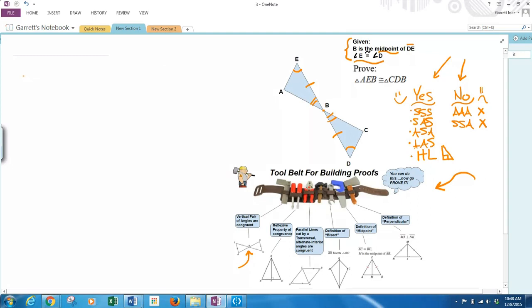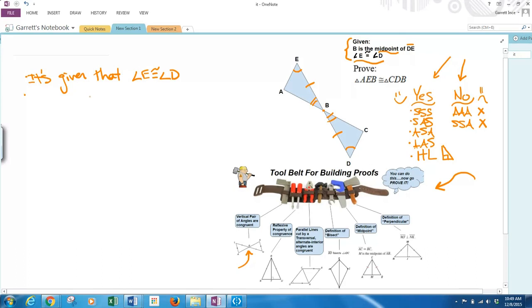We like to use these bullet points, and so you should always start with the givens. I like to start with the definite ones that state an angle congruent to an angle or a side congruent to a side. So for us, we were told one of those. So it's given that angle E is congruent to angle D. All right, next up. So that clarifies angles.